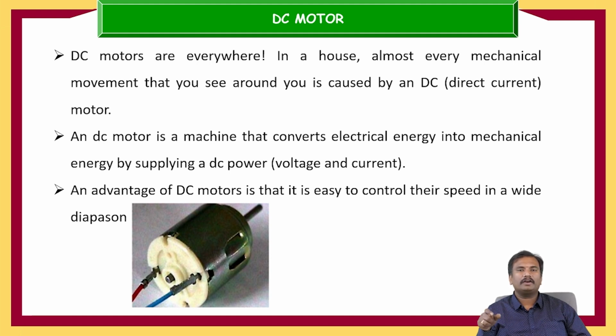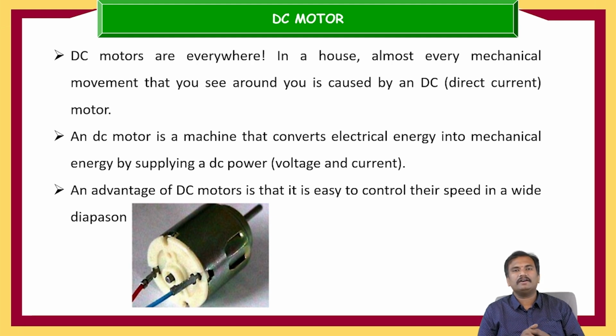That is, we are going to give the supply to the coil. That coil is called the armature winding. To the armature winding, we are going to give the supply. When we have given supply to the conductor, the flux will be developed.